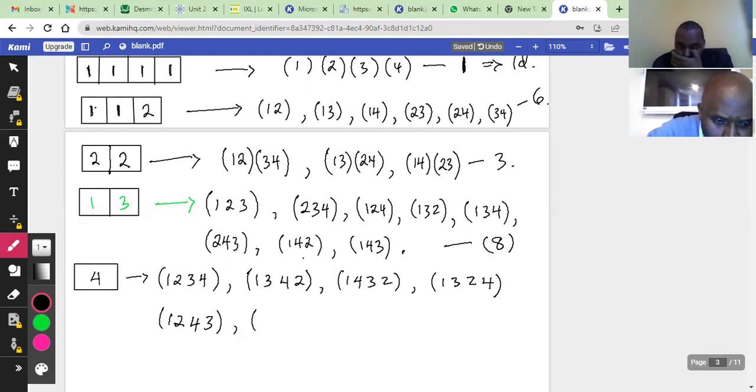Next one. 1 goes to 4. 4 goes to 2, and 2 goes to 3. 1, 2, 3, 4, 5, 6. Oh, I guess that's it.